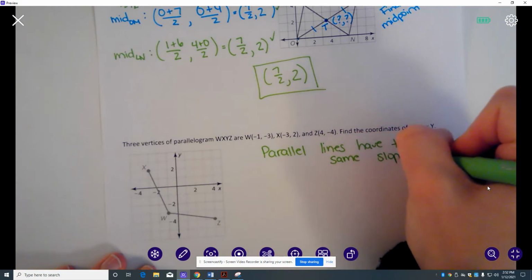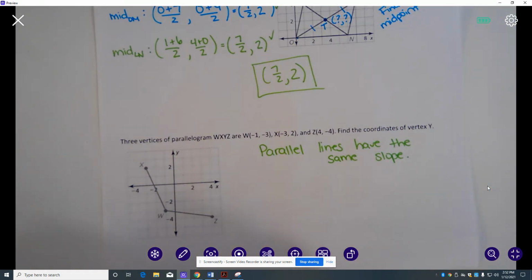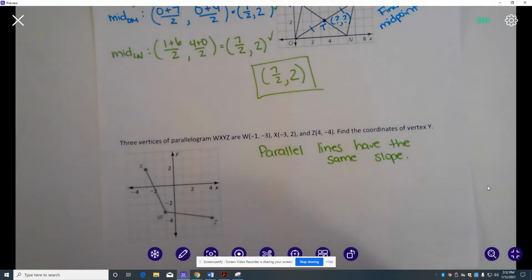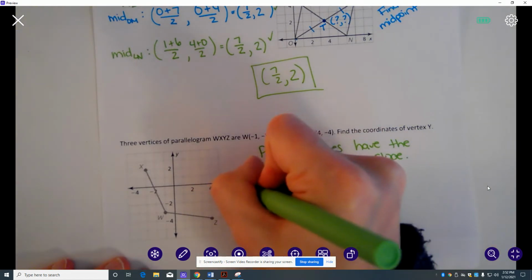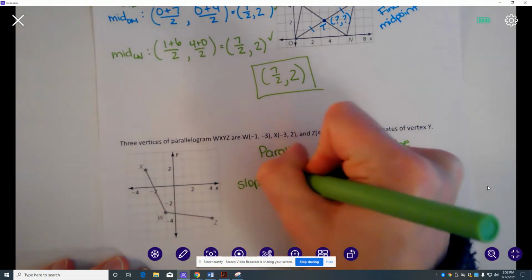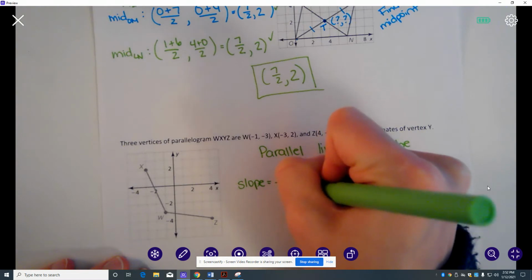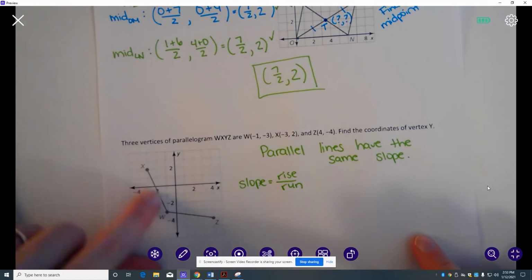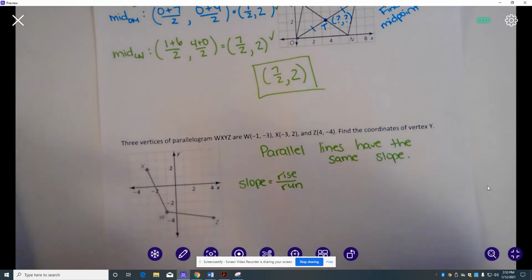Okay. So what we can do is find the slope of the segments we do have to help us find where that other point needs to be so that the slopes of the opposite sides are the same. And I just do this using the graph. Remember, you have a slope formula, but I also like to think of slope as rise over run. As an example, I'm going to find the slope of segment XW.